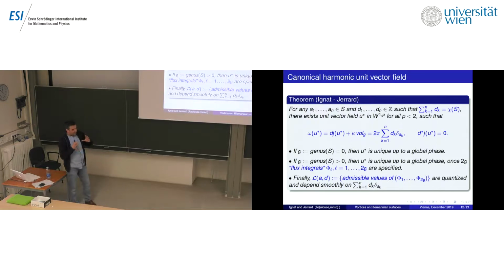In the case where you have no holes, so you are simply connected, this fixes your solution up to a constant. But if the genus is non-zero, then you will have these flux integrals that should belong to a lattice that I will explain in the following.